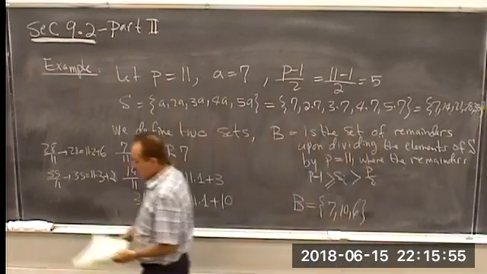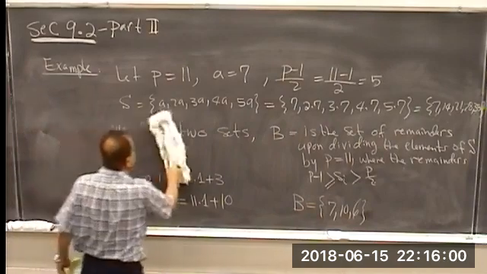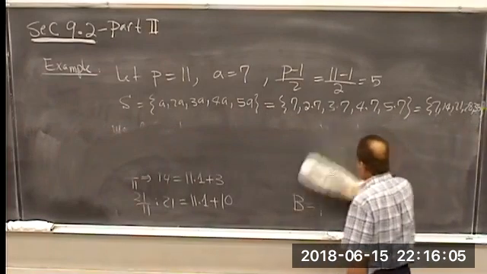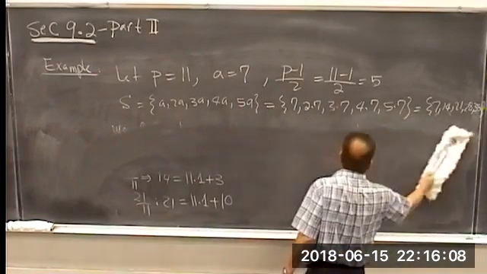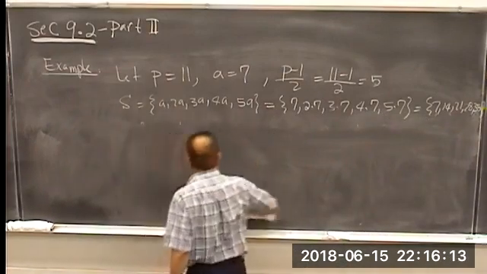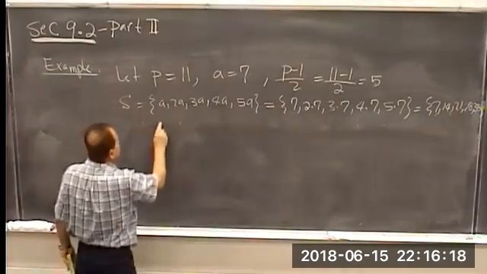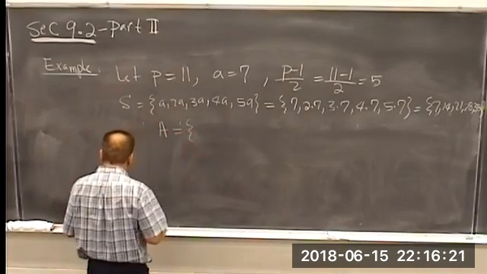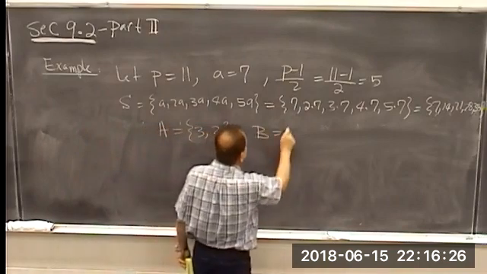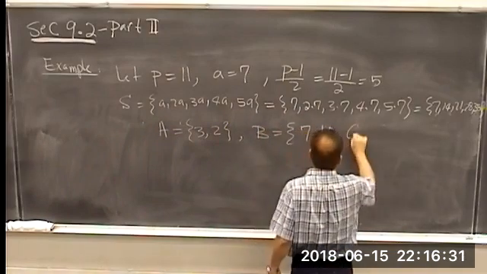So these two sets we write down in here: one where the remainder is smaller than P over 2, and the other where the remainder is larger than P over 2. A consists of 3 and 2, and B is 7, 10, and 6.